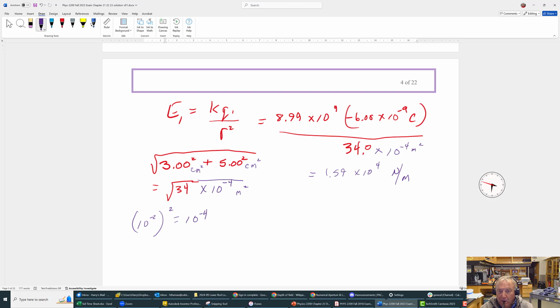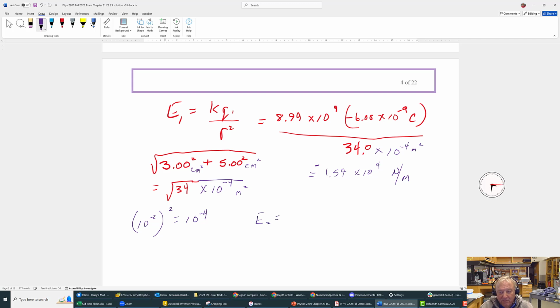And yeah, guess that's right. That's a pretty strong field. Newtons per meter. 10 to the minus, and it's negative.